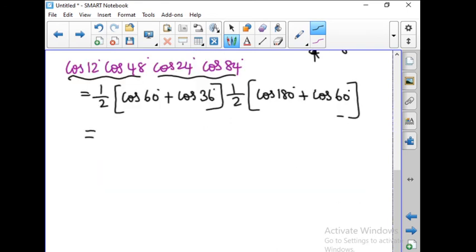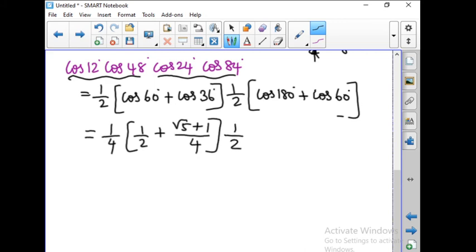Now 1 by 2 into 1 by 2, 1 by 4 into cos 60 is 1 by 2, plus this value is root 5 plus 1 divided by 4, and this value cos 108, sorry, it is 108. Cos 108 is nothing but minus sin 18 degree. Let me show it on the side. We can write this cos 108 as cos of 90 plus 18.